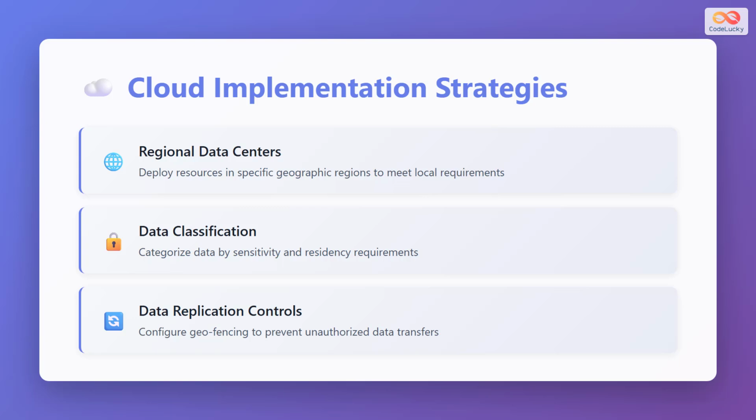Categorize your data by sensitivity and residency requirements, then apply appropriate storage policies to each category. The third strategy involves data replication controls. Configure geofencing to prevent unauthorized data transfers across borders. Many cloud services offer settings to restrict where data can be replicated or backed up. These strategies help organizations balance compliance requirements with operational needs.